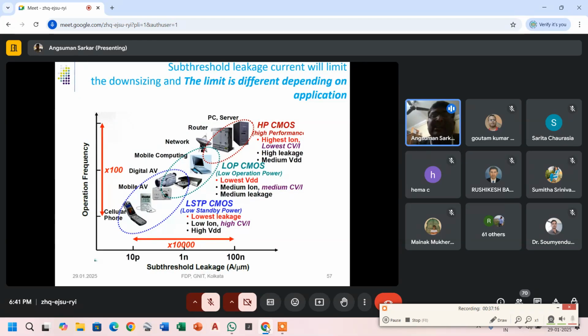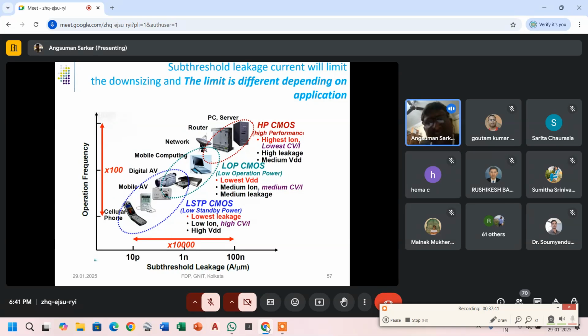Normally they are used in servers and routers, where high performance is required. It must work at a very high speed. For a transistor to operate at very high speed, one of the fundamental things is it should quickly charge and discharge the load. Load in this case will be a capacitor.